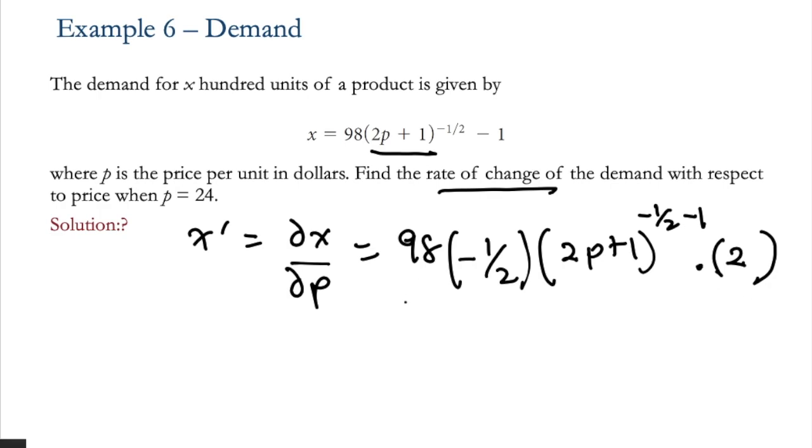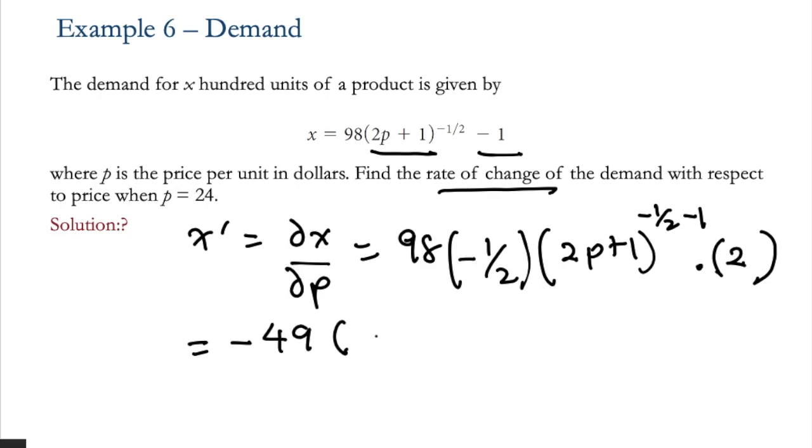Alright. Then, I can simplify it further. Don't forget here, when you have minus 1, you differentiate it, it becomes 0, isn't it? So that's why I didn't write it earlier, in case you wonder where the minus 1 goes. Okay, now next, I write it here. 98 and minus 1 half can be divided. It becomes what? Minus 49, isn't it?